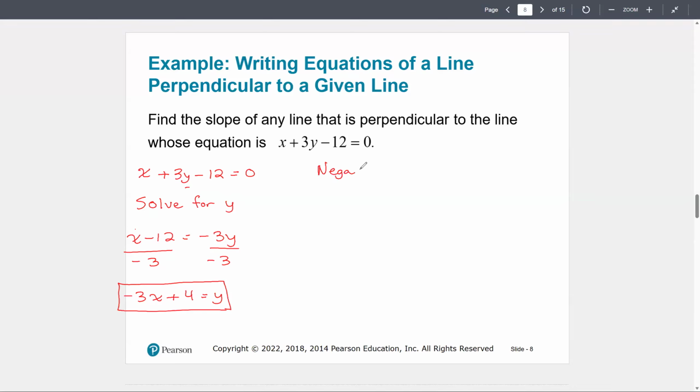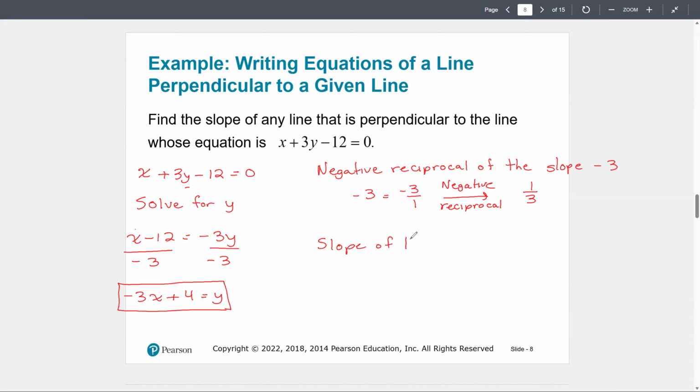So I need the negative reciprocal of the slope, negative 1/3. So negative 1/3, the negative reciprocal would have to be positive 3.